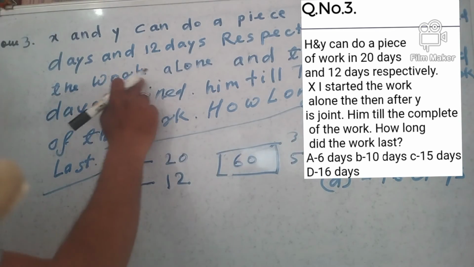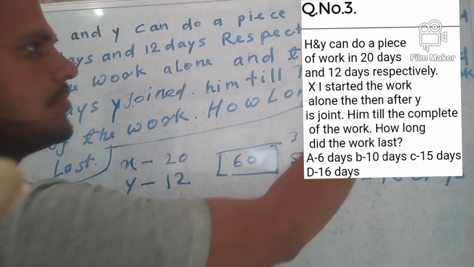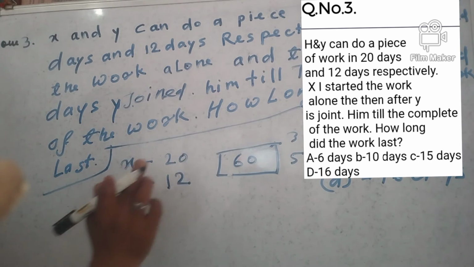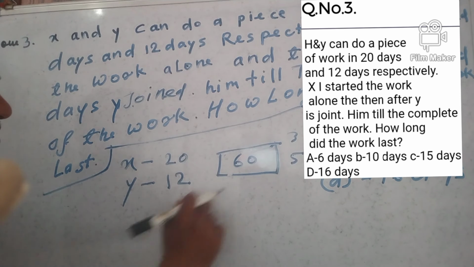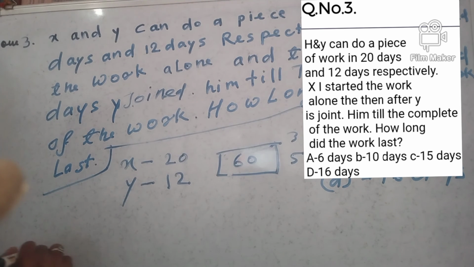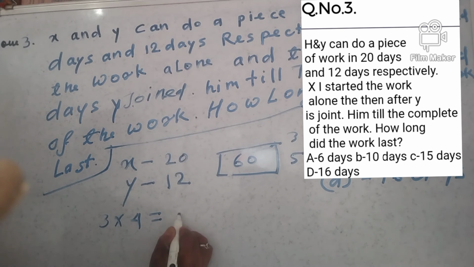X started the work alone and then after 4 days Y joined. X's efficiency is 3 and he took 4 days. So 3 into 4 will be 12 work.